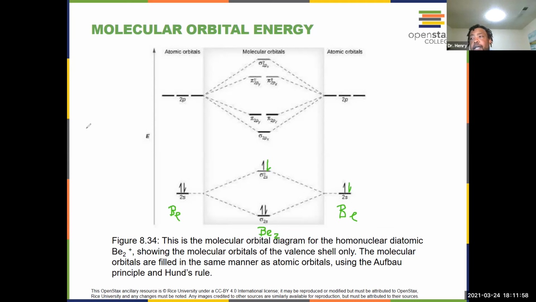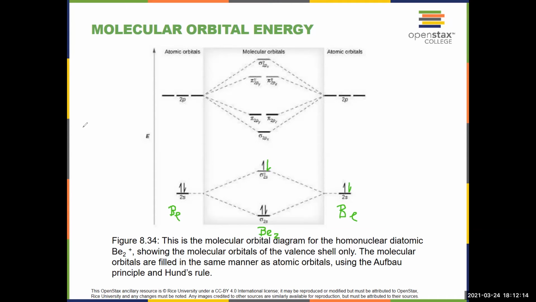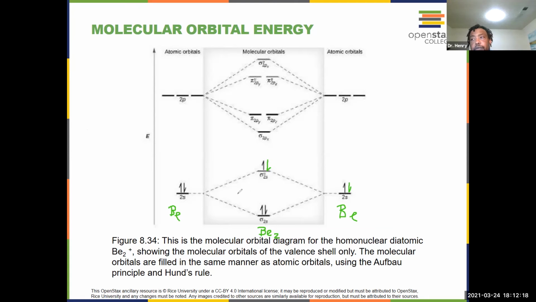So how many bonding electrons do we have? Four. Do we have 4? Look in the middle. Bonding electrons. These guys are contributing to our molecule. We're only looking in the middle.